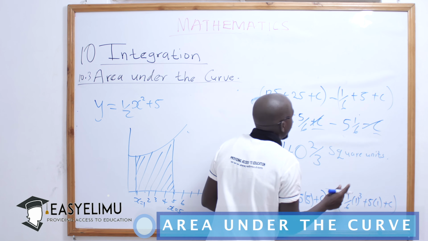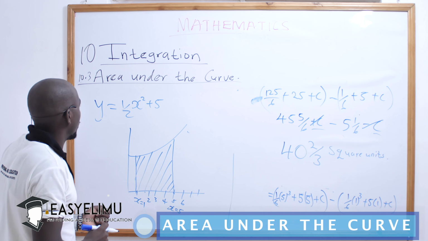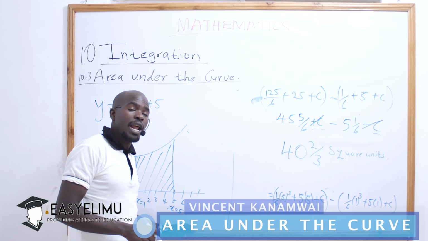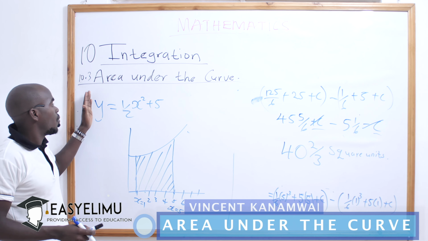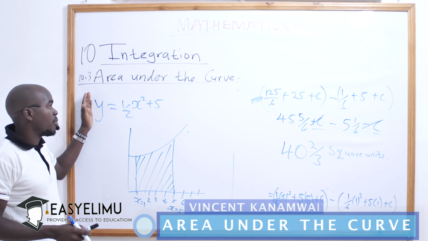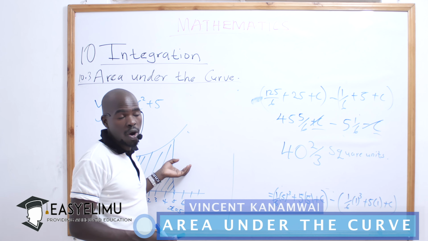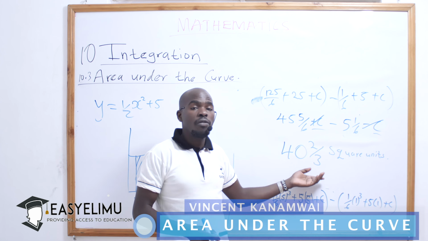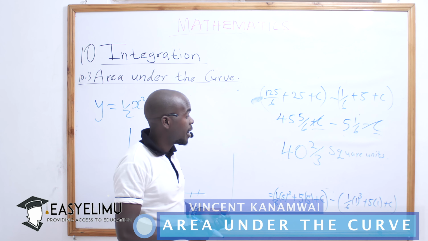Initially we used the trapezium rule for area approximation in 9.3, and we found the area of this curve from x equals 1 to x equals 5 to be 41. But here we have found the exact area to be 40 and 2/3 square units.